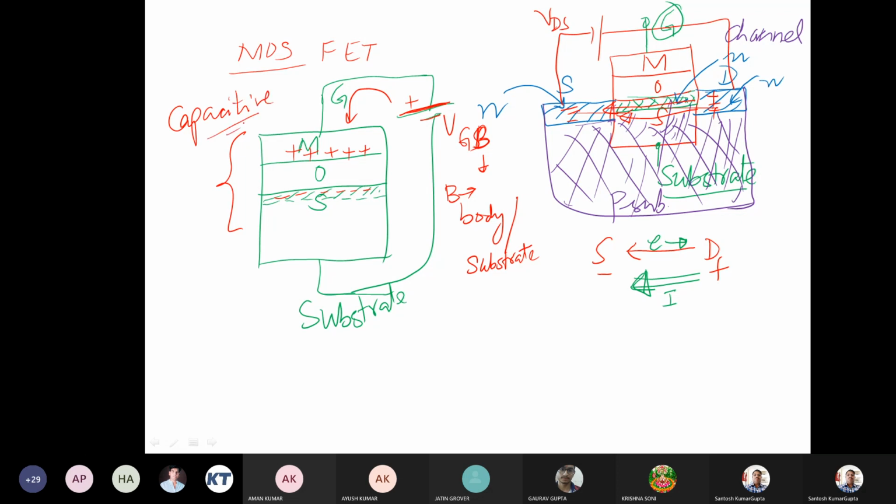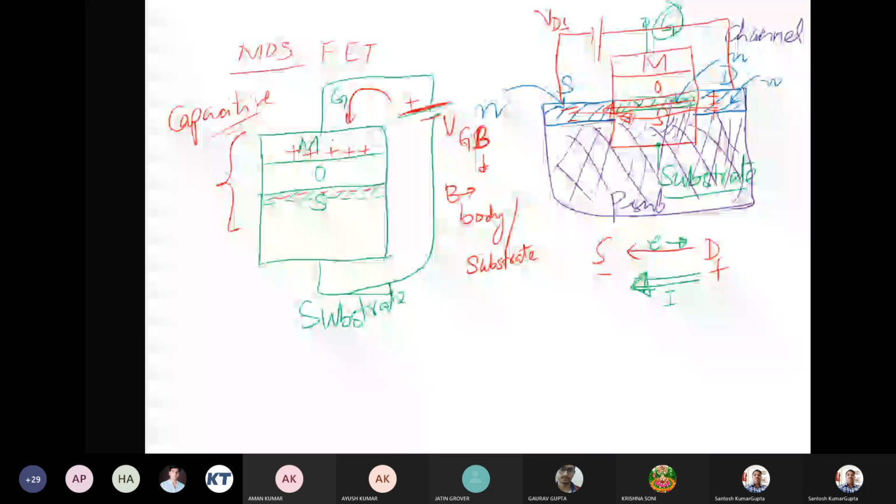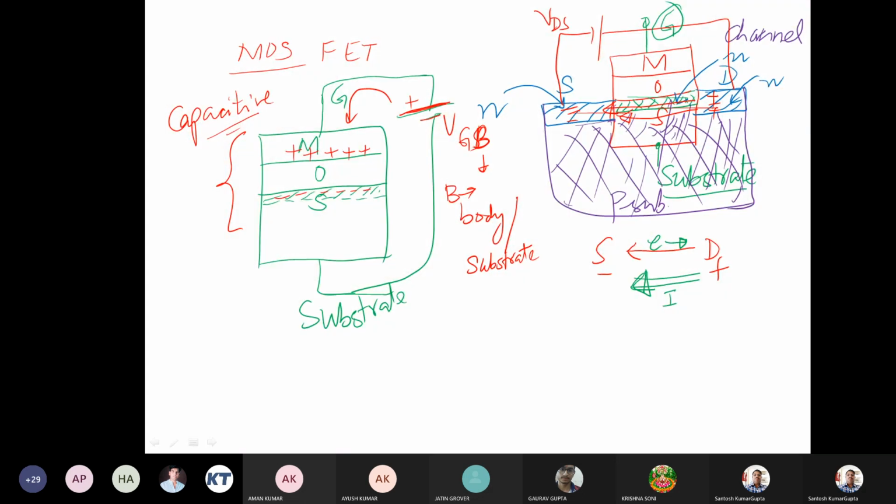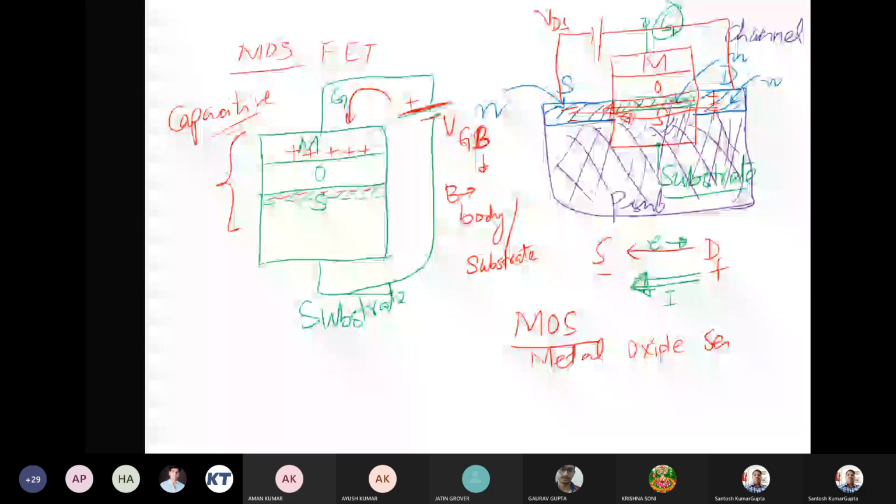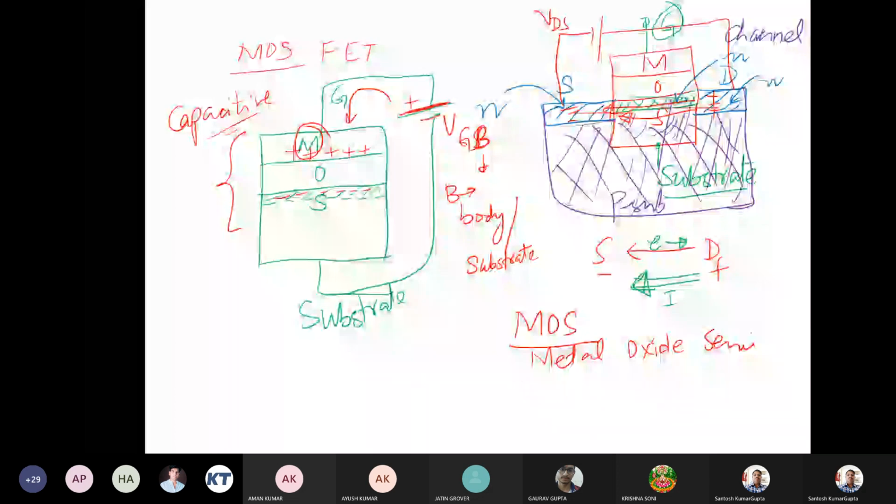The gate has been called here metal. As we already saw, the full form of MOS is metal oxide semiconductor. So M stands for metal, but it is not necessary that it is made of metal. Of course, we can use metals like aluminum, or silver or gold.